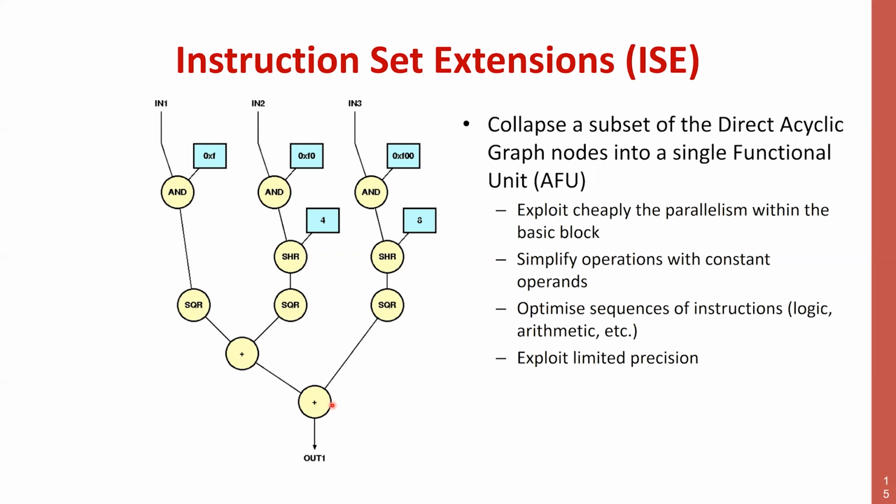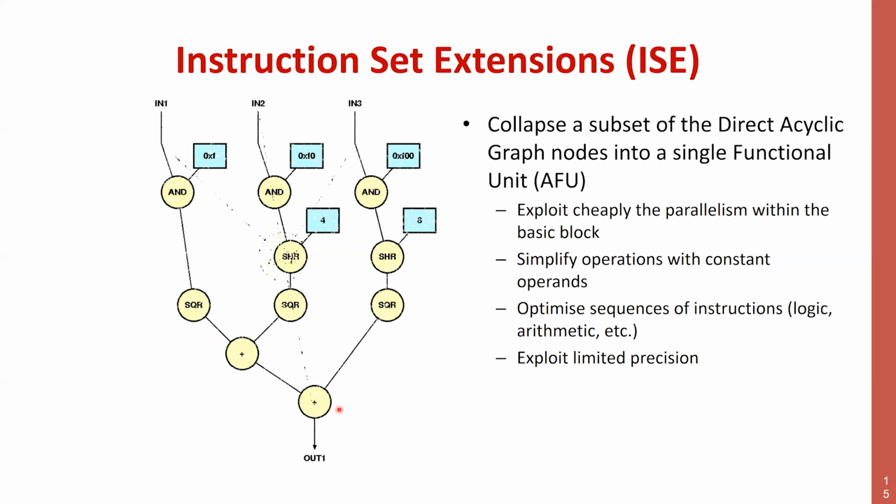This is the way the compiler will look at this code to be compiled, and it will probably issue a number of instructions like an AND, a square root if it exists, or a square, I don't know what this one is, a plus, an addition, and all these operations.